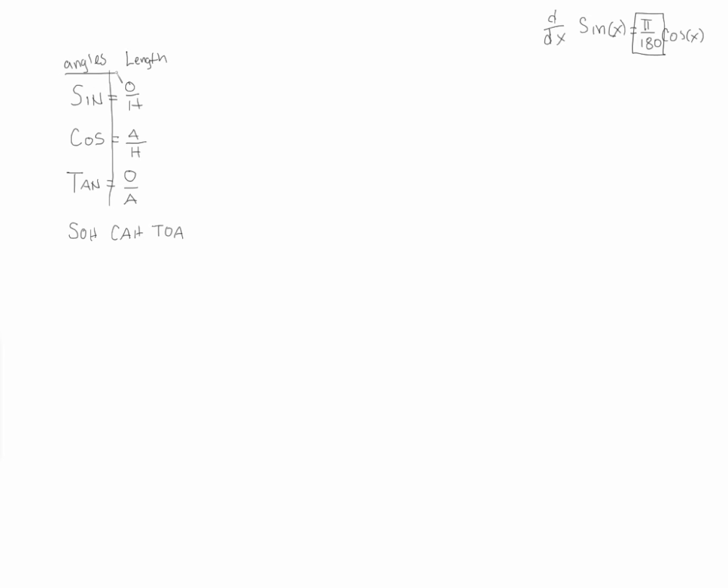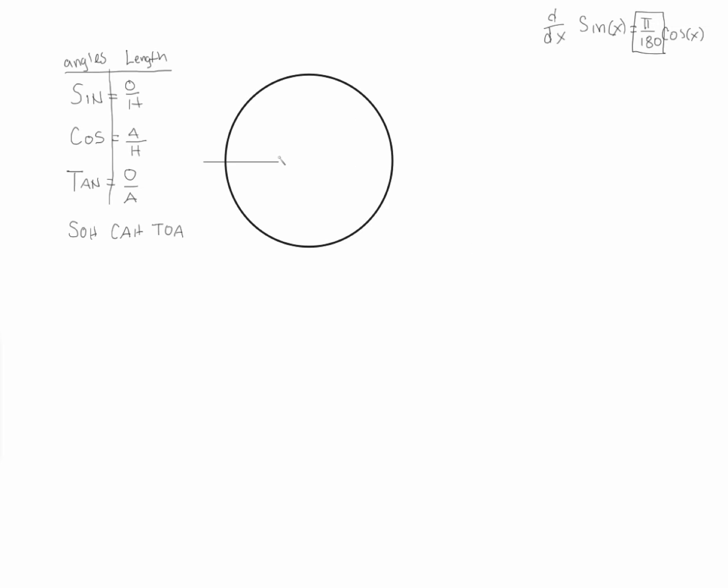So now another way to define this is by using what we call a unit circle, which is a circle of radius 1. Let's imagine that this circle is a unit circle, so our radius, as I said, is 1.